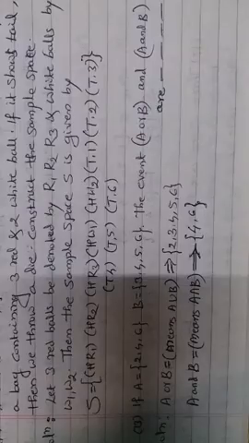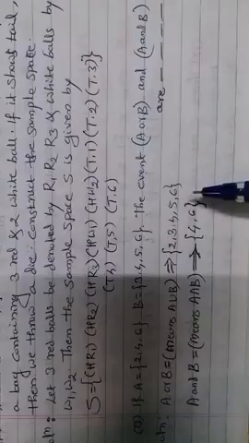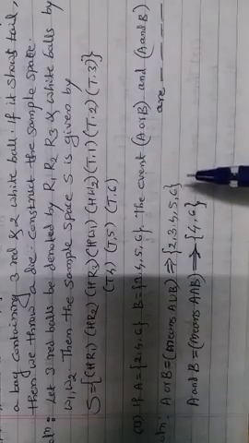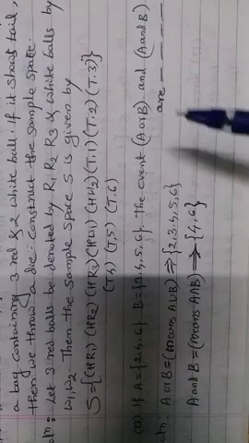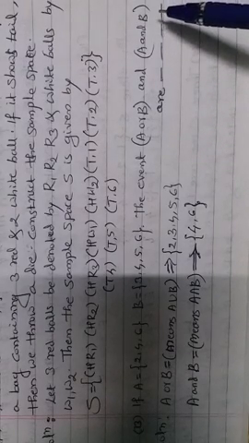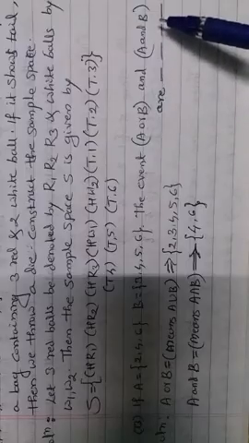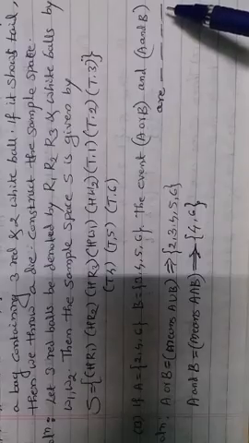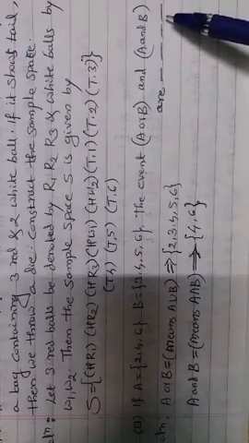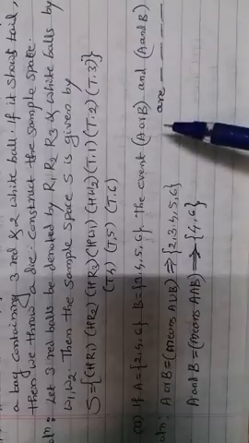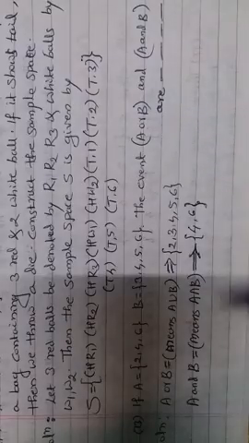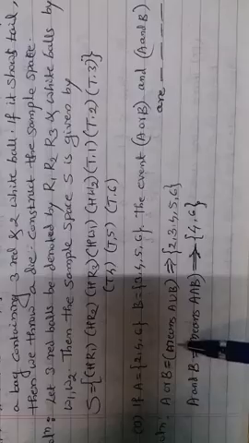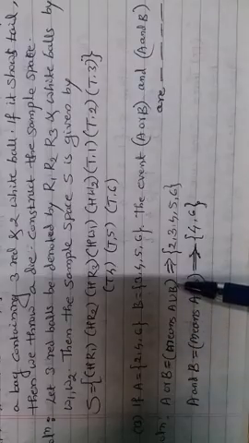Students, already you know the definitions of the types of events and the algebra of events you studied. In those, A or B and A and B, two types of events, are already given with brief descriptions along with the definitions. So, how can you define A or B symbolically? A or B means A union B.